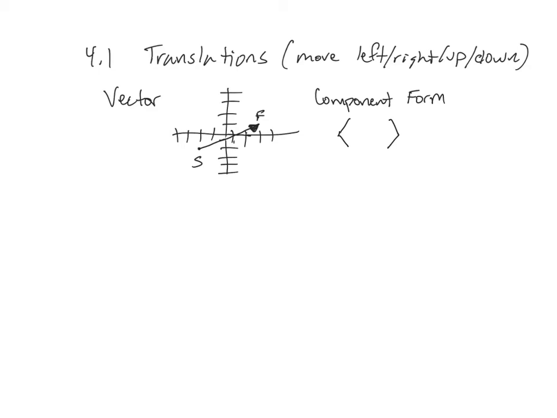So I start here and it's just X and Y. So I go over 1, 2, 3, 4, 5 to the right, and then I go up 1, 2. So it's just saying go from here to here, and this is how you do it. It's still X and Y, like if it was a coordinate, but it's called a component form.